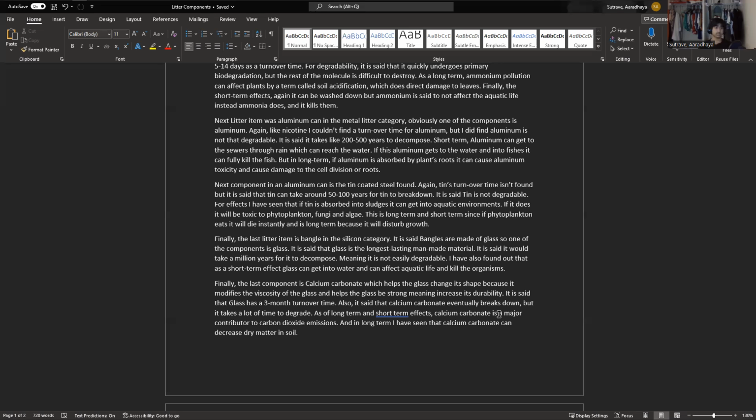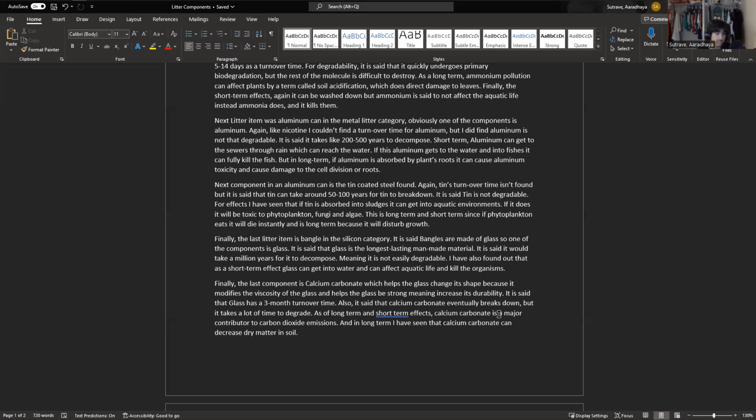Lastly, the last component is calcium carbonate, which helps the glass change its shape because it modifies the viscosity of the glass and helps the glass be strong, meaning it increases its durability. It is said that it has a 3-month turnover time.